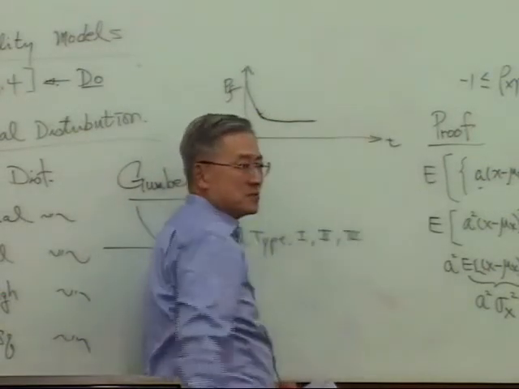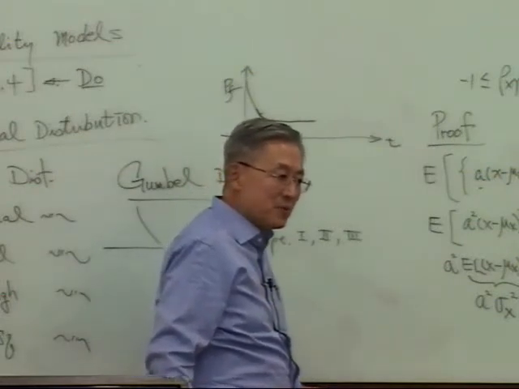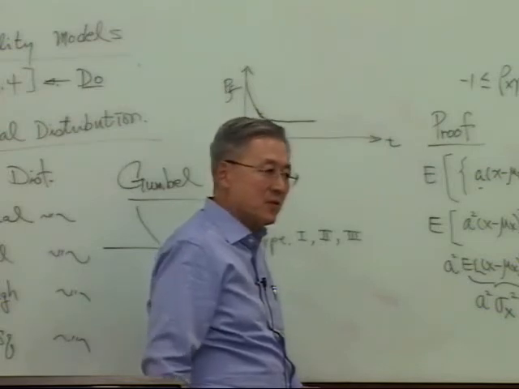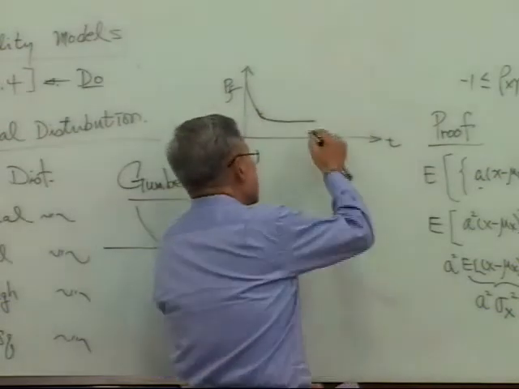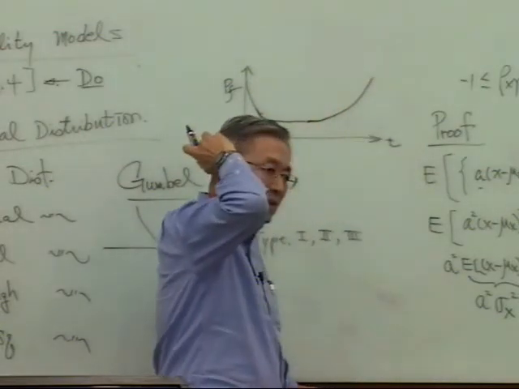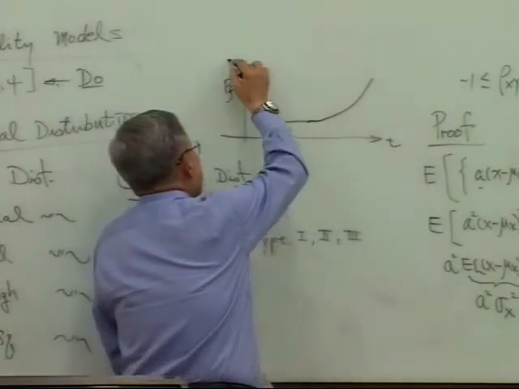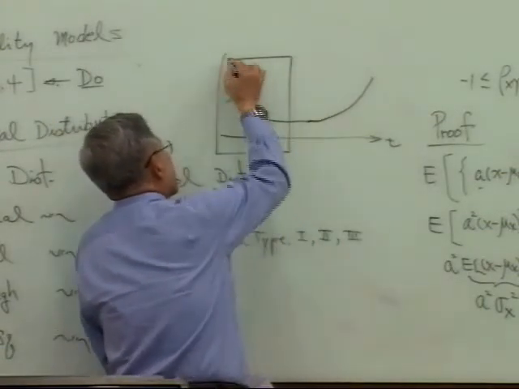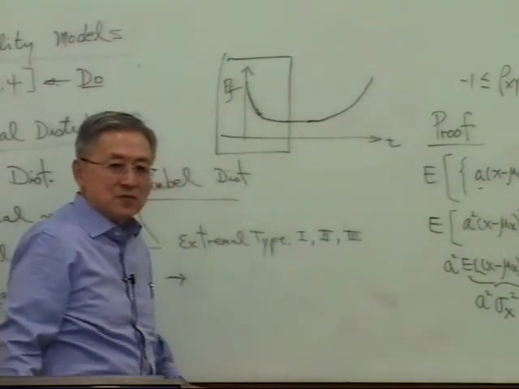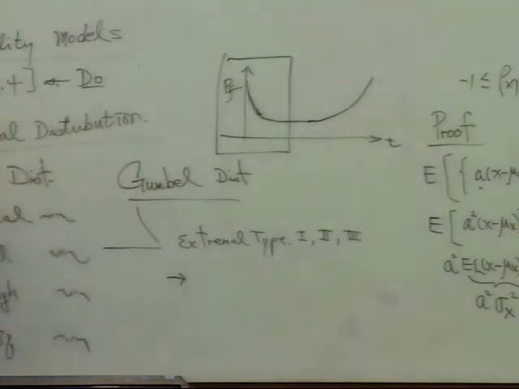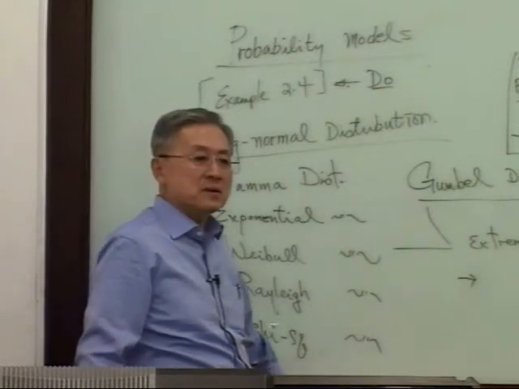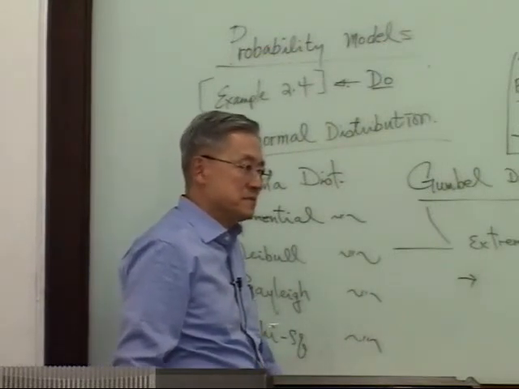Then what happens after you use it for ten years? It starts to fail again. It's time to get rid of the old car and get a new car. So here it goes up. The failure rate goes up. In this region, the exponential probability function fits the best. In such a situation, this exponential probability model fits really well.